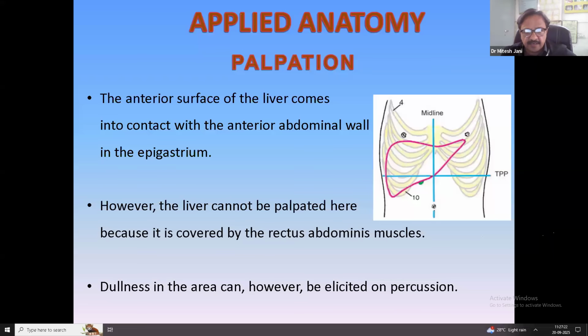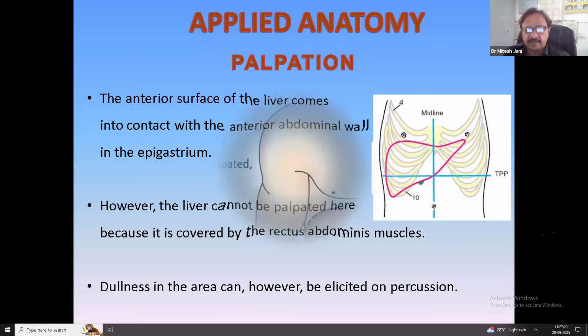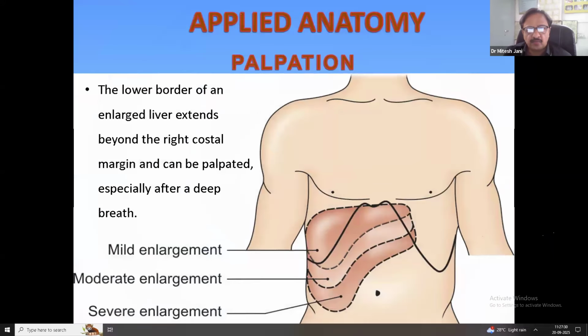But dullness in the area can be elicited on percussion by knocking on the liver. Now, when is it palpable? The lower border of an enlarged liver extends beyond the right costal margin and can be palpated easily after a deep breath.